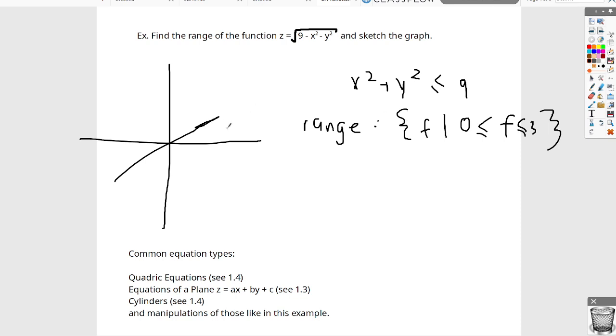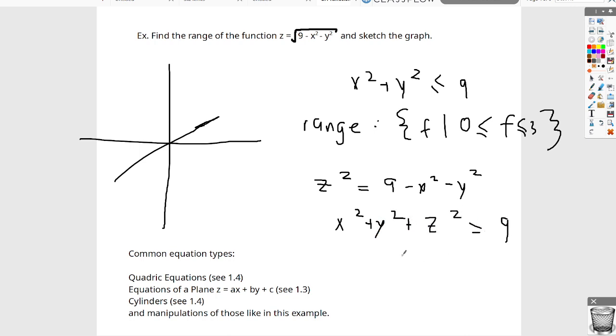Right, so what does this look like? What does it look like? Well, if you expand it, if you did z squared equals 9 minus x squared minus y squared like this, you will get x squared plus y squared plus z squared equals 9.